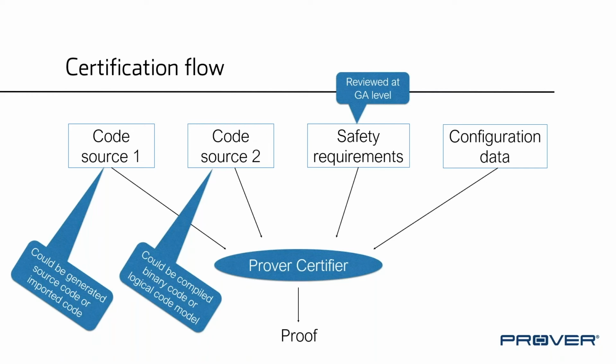You need to review them or ensure that they are correct in some way, but it can be done at the generic application level. So you don't have to redo this process for each station. You do it only once when the safety requirements have been written. Configuration data, on the other hand, must be reviewed at the specific application level because the configuration data is different for each station.